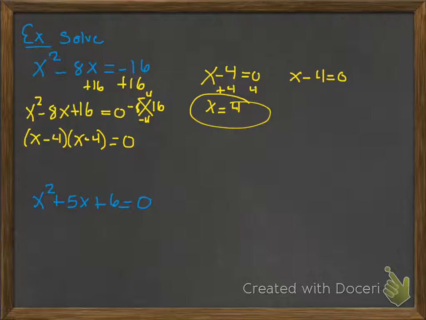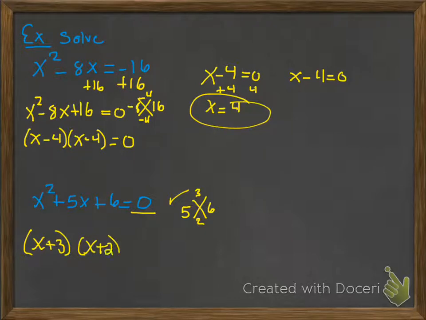So let's try this again. This one is already set equal to 0, so step 1 is done. Step 2, we need to factor. So two numbers multiply together to get 6 and add together to get 5. It's going to be 3 and 2. So (x plus 3)(x plus 2) equals 0.